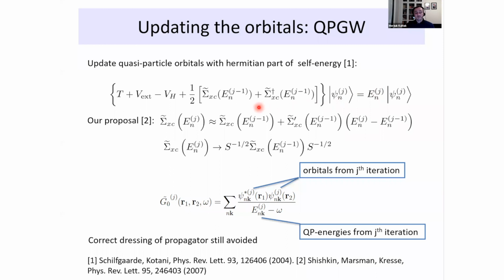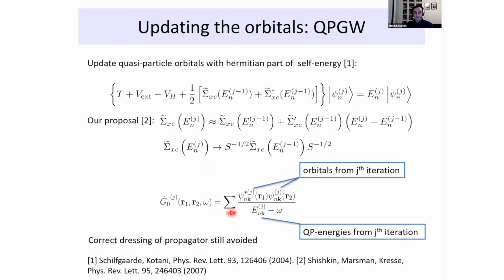So we improved this slightly by linearizing this self-energy around the quasi-particle energies of the previous iteration up to linear order, and then reshuffle a little bit and define such a symmetric operator to end up with a similar equation. Anyway, at the end of the day, you get new orbitals and new energies, and you use these orbitals and these energies for the new non-interacting Green's function in the iteration.